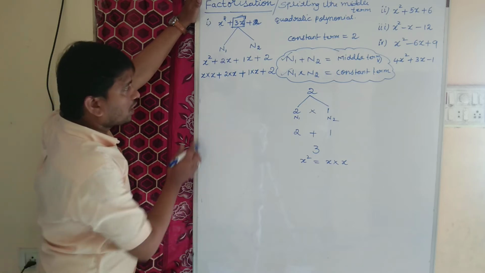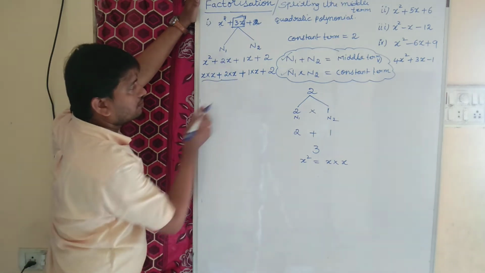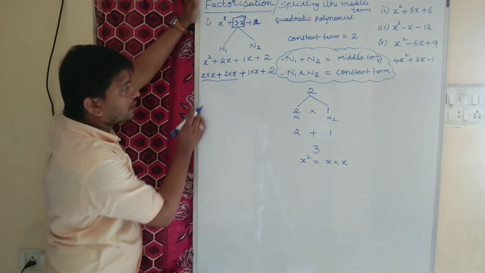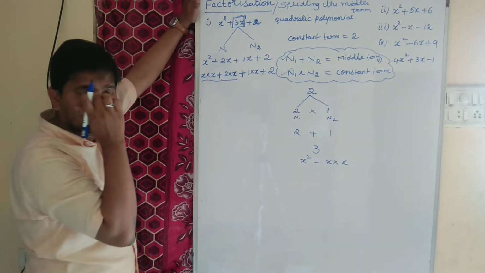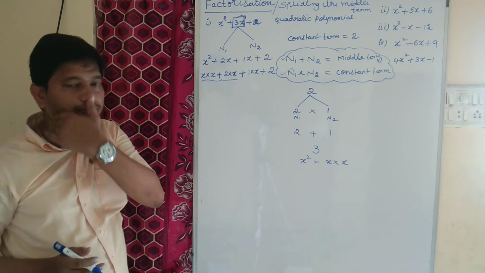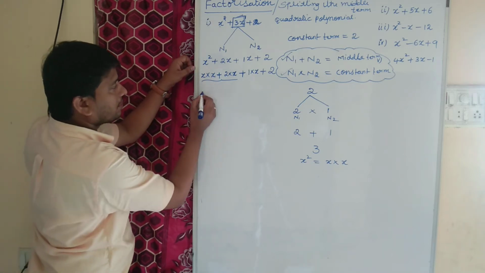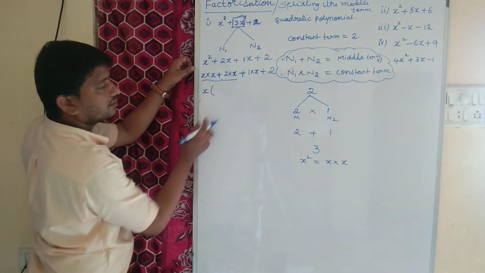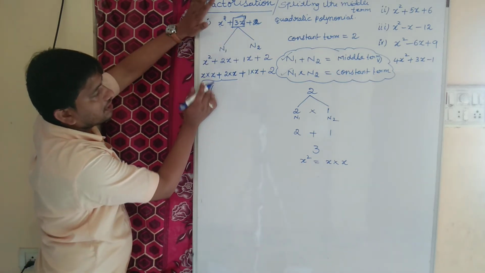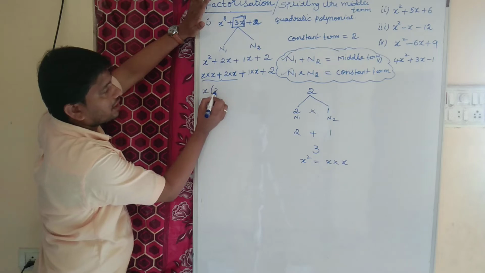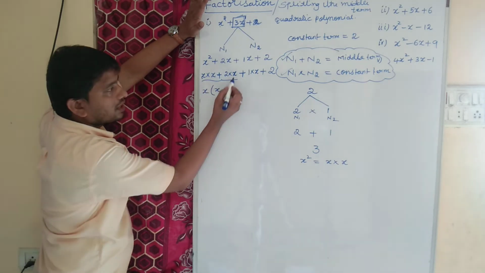Now consider these first two terms. Here we have x, and here also we have x, so I can take x as common. If I take x as common, we have one more x here, x plus 2 is left over.